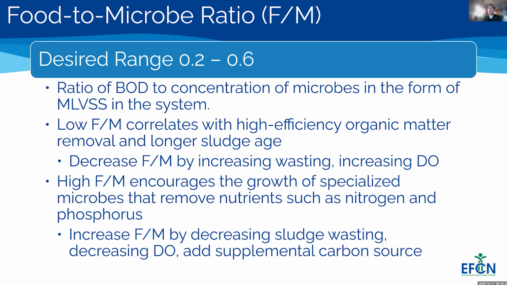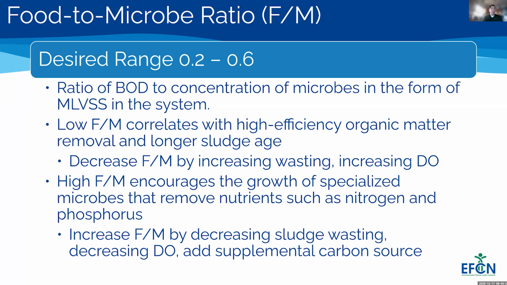That's because a low F to M ratio tends to correlate with high efficiency organic matter removal and longer sludge age. And then a higher F to M tends to indicate that we may be having excess microorganisms, and we may be seeing an increase in microorganisms that we don't want to see in our wastewater.